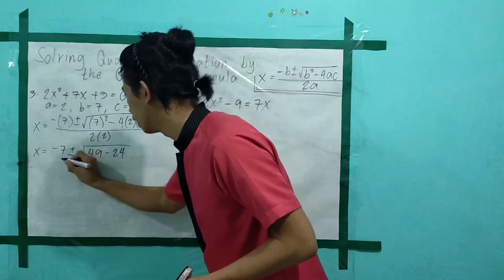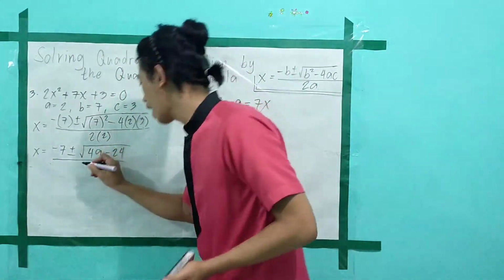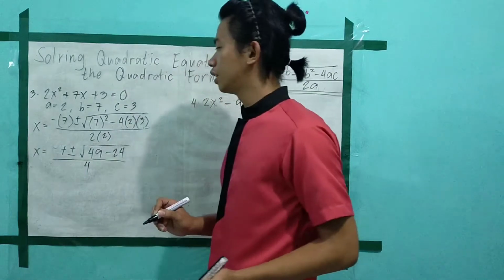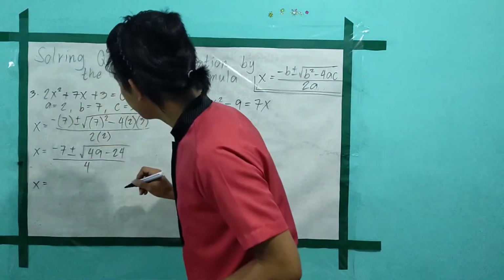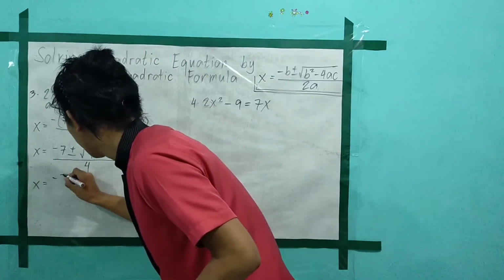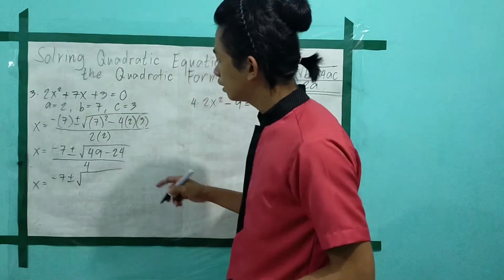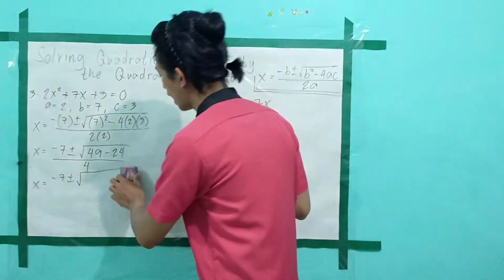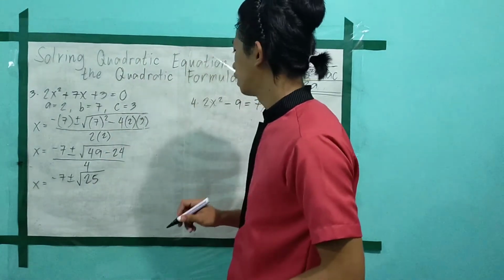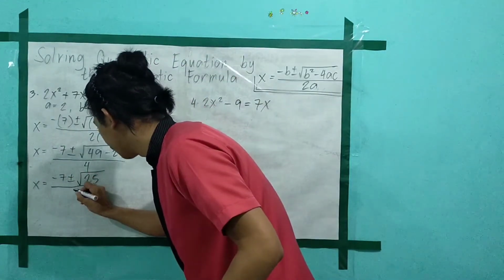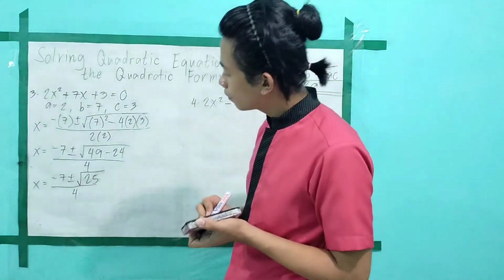Divided by 2, multiply by 2, we have 4. Simplify. So we have x is equal to negative 7 plus minus square root of 49 minus 24. So we have 25 all over 4.